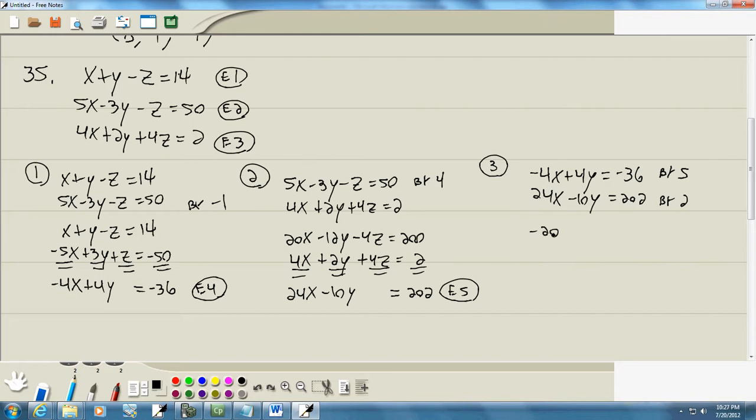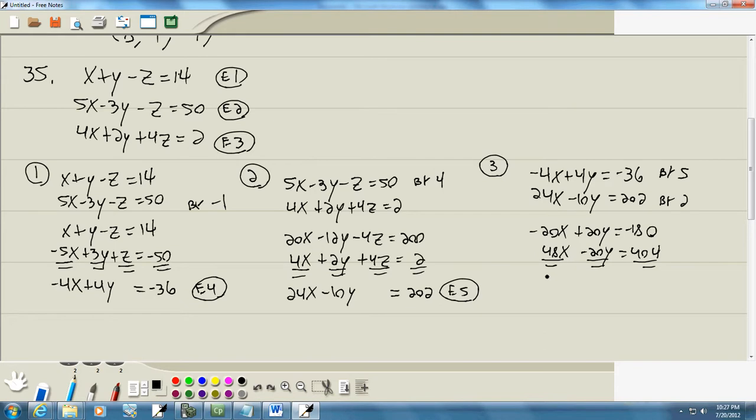So that gives us negative 20x plus 20y equals negative 180. And that gives us 48x minus 20y equals 404. Now again, if I had taken the time to divide these by a number, then it would have simplified this a lot.